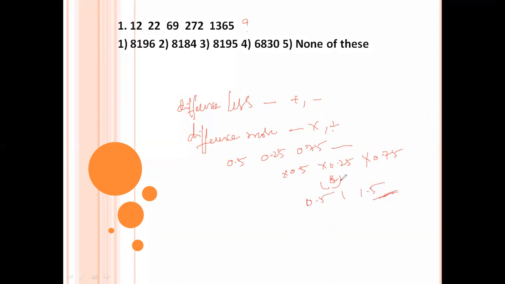And sometimes the difference between numbers is in the form of squares or cubes or a combination of these two. So this is the basic of number series.